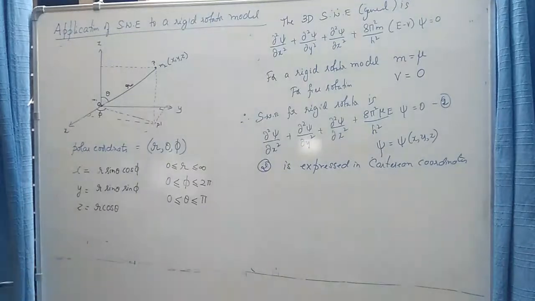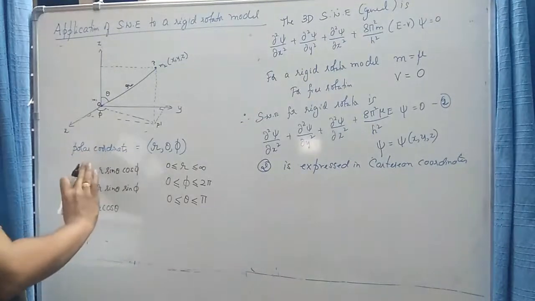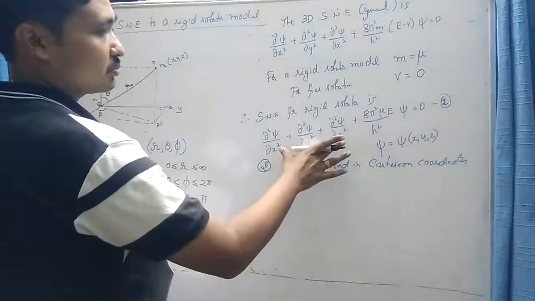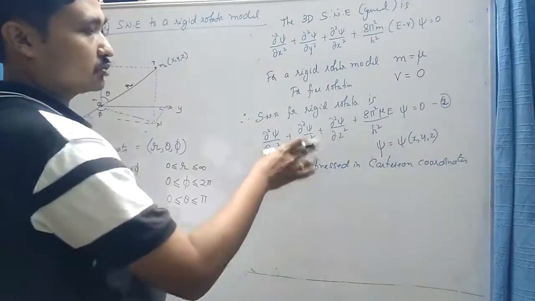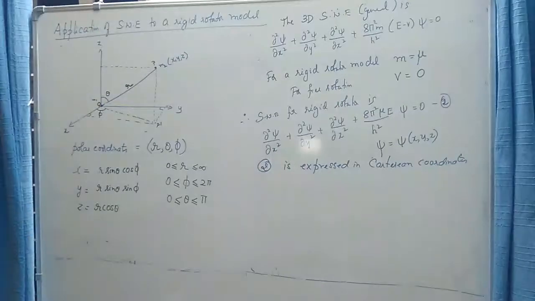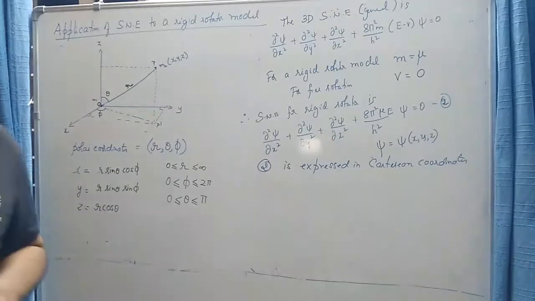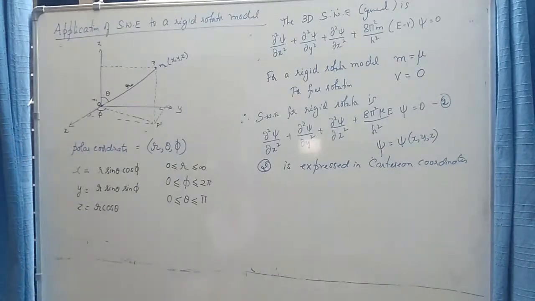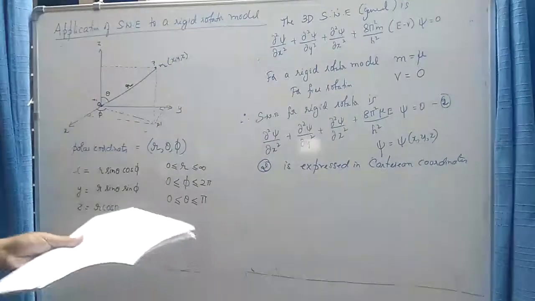So what we do is we use these relations and try to convert this Schrodinger wave equation from Cartesian coordinates into polar coordinates. What is the purpose of converting the Schrodinger wave equation from Cartesian to polar coordinates? Because, as I already told you, rotating systems are better expressed in terms of polar coordinates.